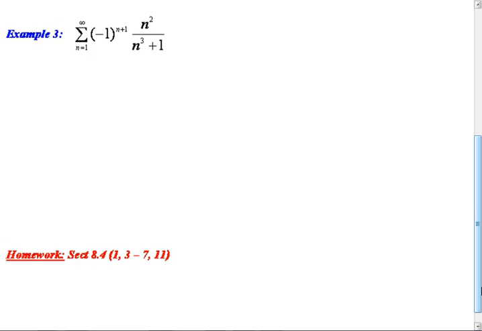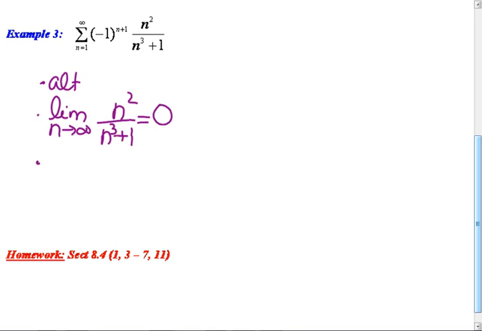It's alternating, right? What's the limit as n goes to infinity of n squared over n cubed plus 1? Is that going to 0? Yes. It goes to 0. And then, what about this sequence?